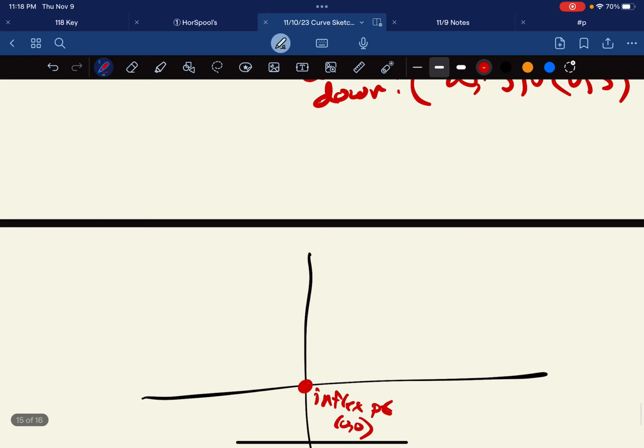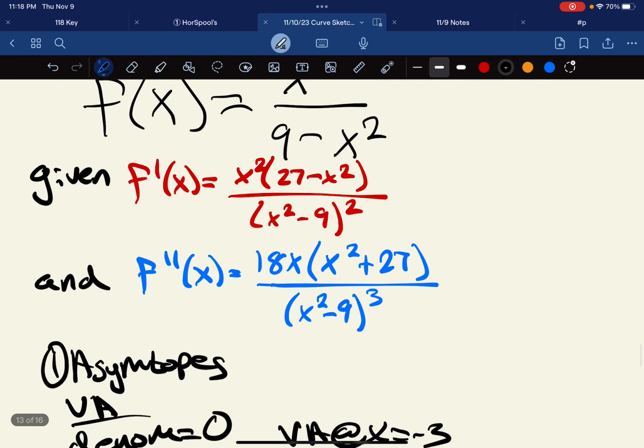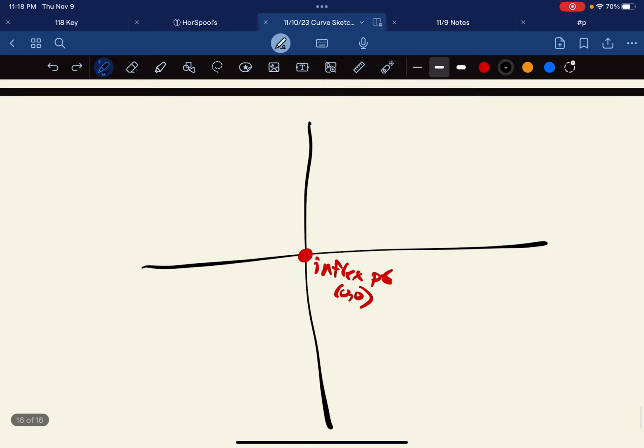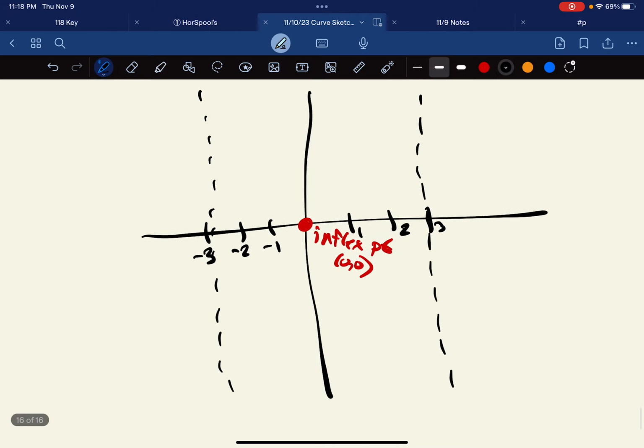All right, so now let's talk about our asymptotes. So we got a vertical asymptote at -3 and 3. So I'm going to put a vertical asymptote there, and then a vertical asymptote here.